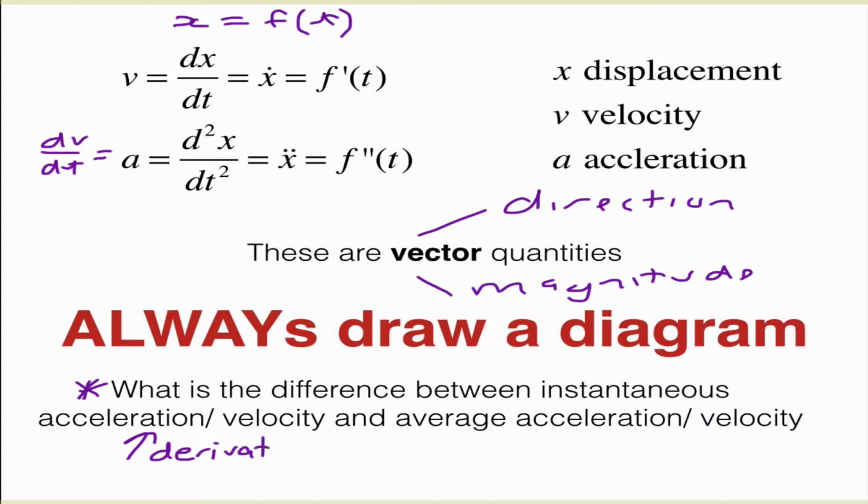So those values written above are instantaneous, whereas the average acceleration and velocity would be v2 minus v1 over t2 minus t1, just looking at the way in which the velocity has changed over time. So it's very important that you understand the clear differences between average and instantaneous acceleration and velocity. In most of this topic we'll actually be working with instantaneous.